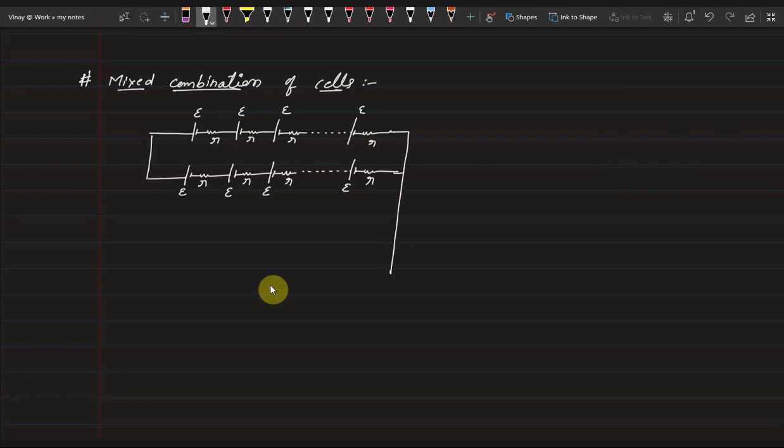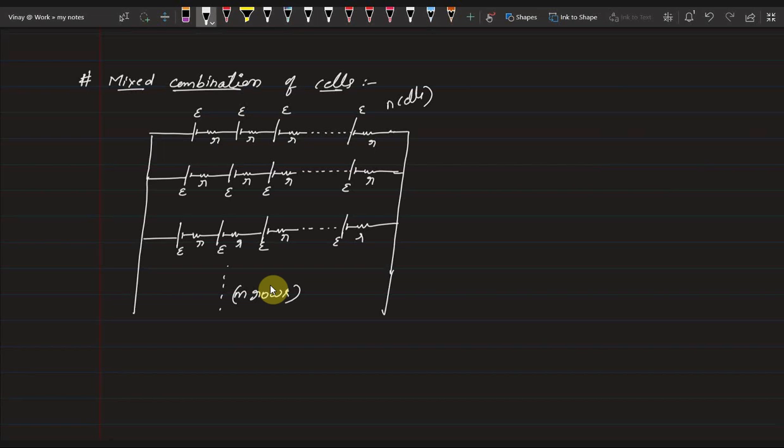Like that, one more row is there, again with EMF E and internal resistance R. And so on, we have m rows. Please remember, in each row there are n cells.